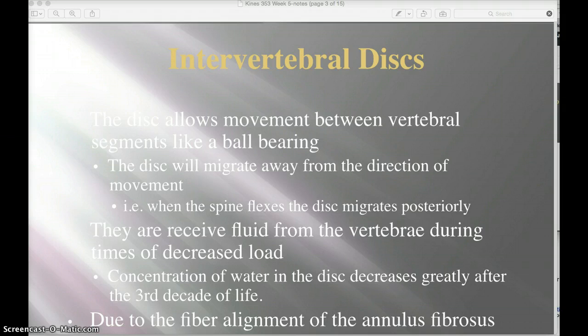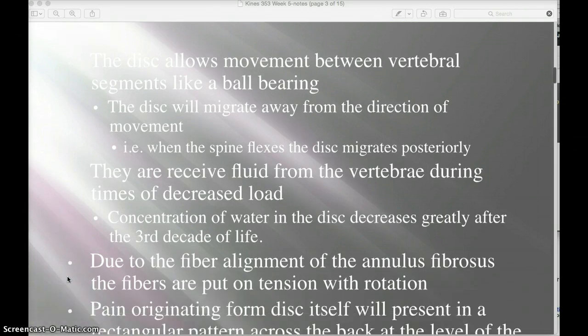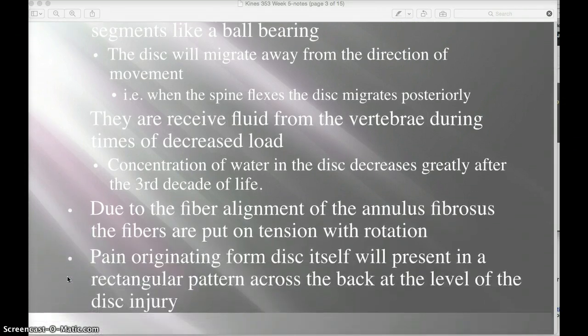Another point to note here is that it says, due to the fiber alignment of the annulus fibrosus, so basically the thick ring around the intervertebral disc, the fibers are put on tension with rotation. And we can note that a lot of the mechanisms of injury to intervertebral discs are going to be in rotation.